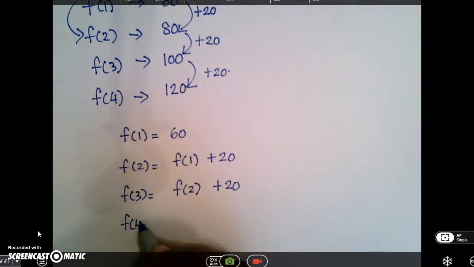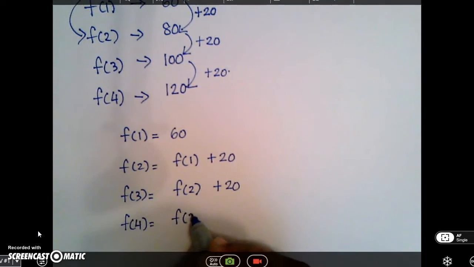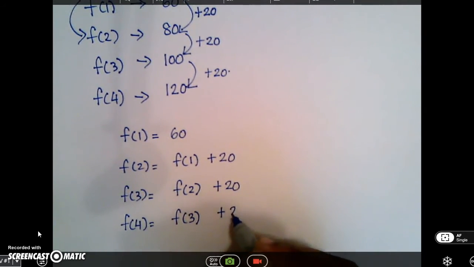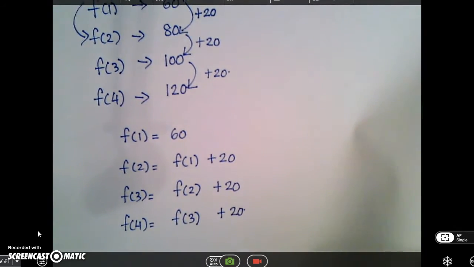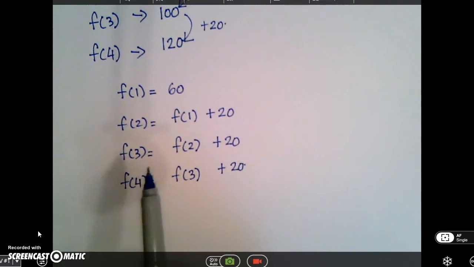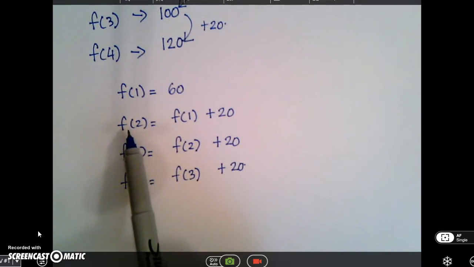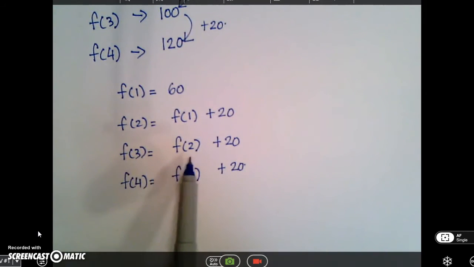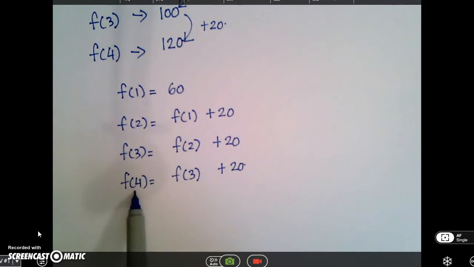F of 4 will be f of 3 plus 20. So we are getting the recursive nature of my function rule. So it's relating the current term to my previous term. Current term, previous term. Current term, the previous term.